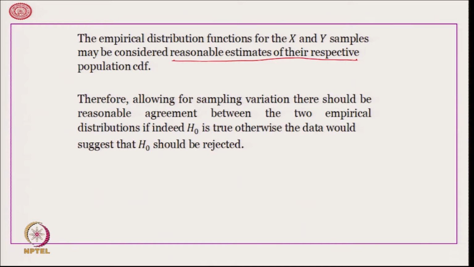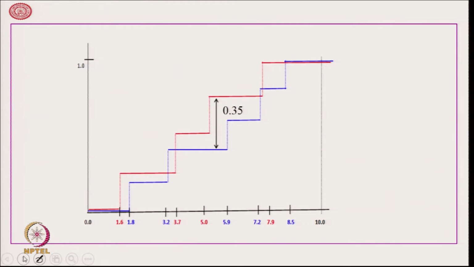Therefore, allowing some sampling variation, there should be reasonable agreement between the 2 empirical distributions if indeed the null hypothesis H naught is true, and if that is not satisfied, then we are going to say that H naught should be rejected.